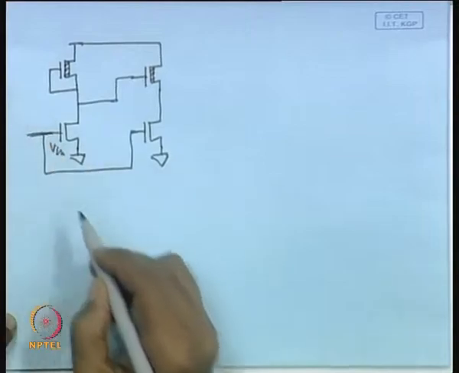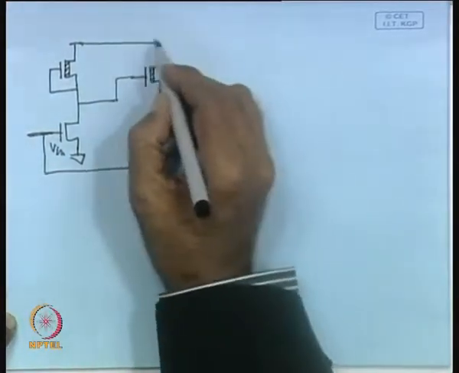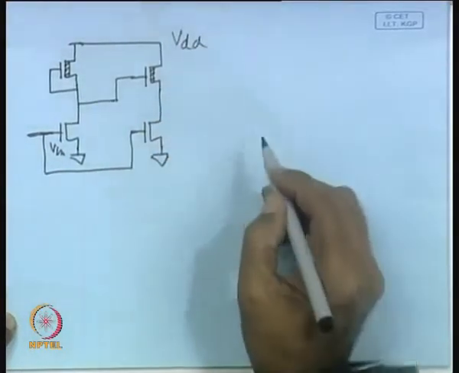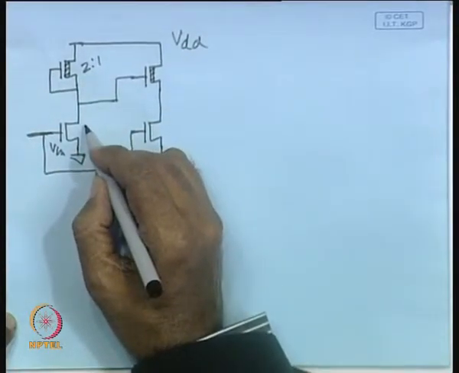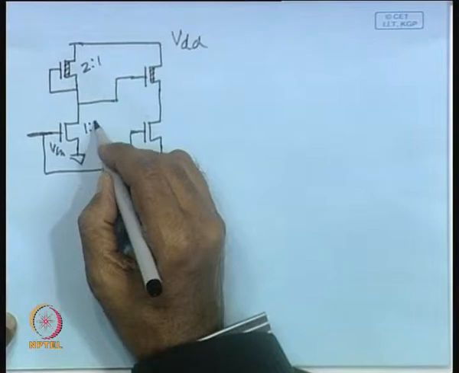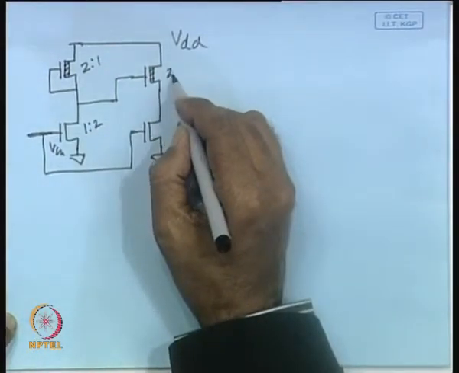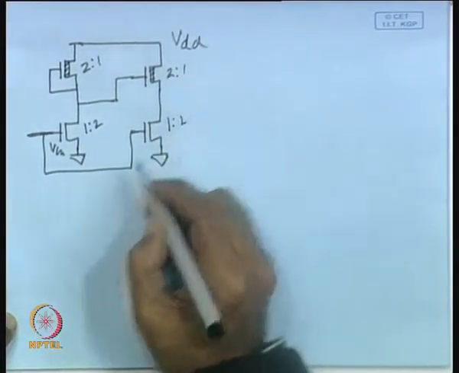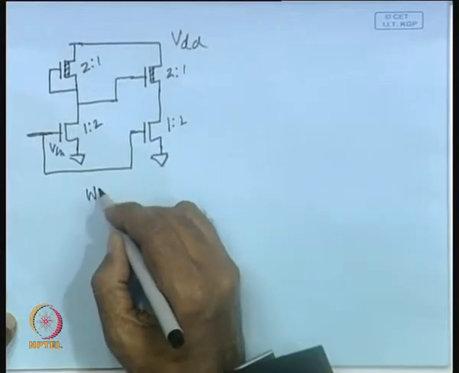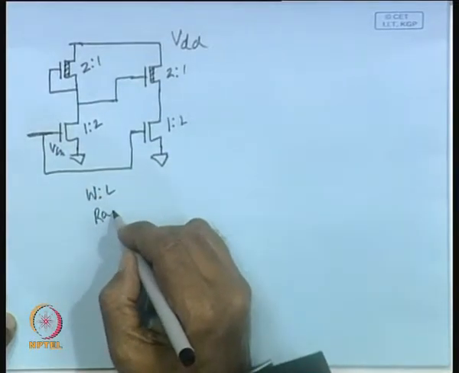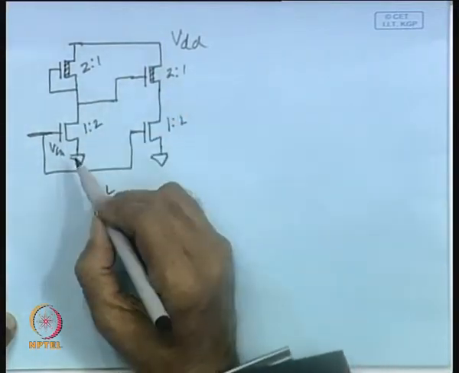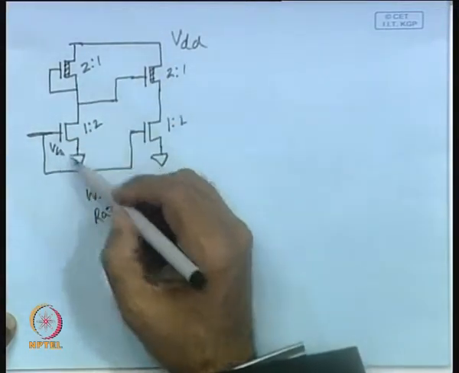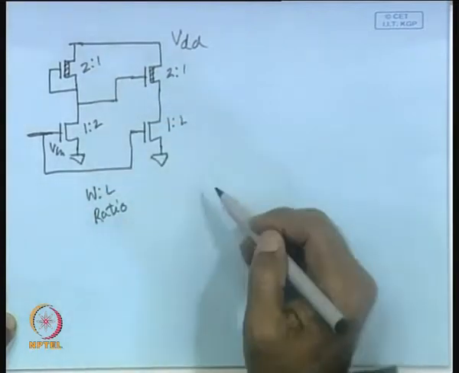Now, let us consider 2 different situations. Let us assume we have applied VDD, and the W by L ratios are mentioned here. Now, in such a case, how will the circuit operate?